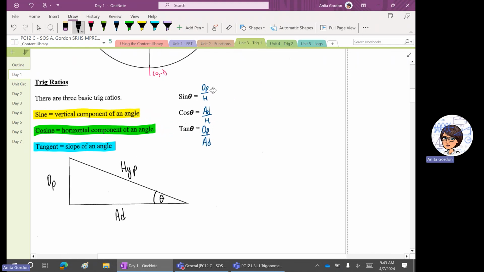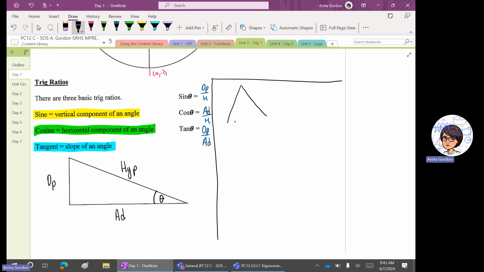A couple of other things you would have learned likely in pre-cal 11, or maybe even pre-cal 10, depends who your teacher was and where you learned this. If we have a triangle that is not a right angle triangle, we label the angles of the three corners with capital letters, A, B, and C, and we label the sides with lowercase letters, and the letters match the angles across.